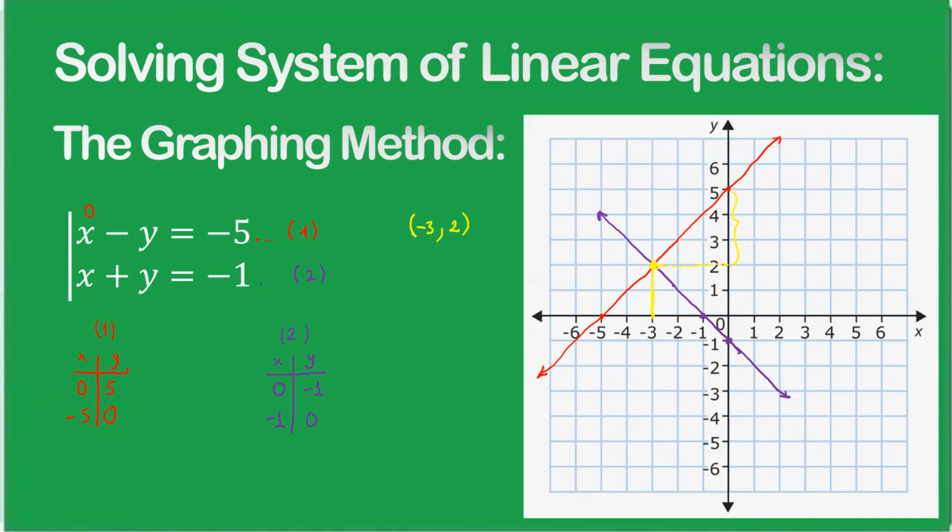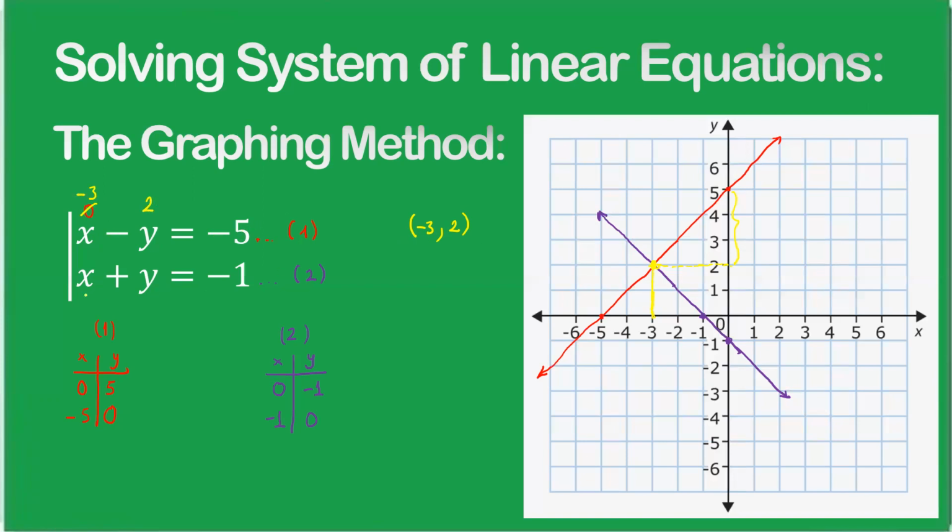Now let's check this solution. Is it true or not? It must satisfy both equations. If I write minus 3 instead of x and 2 instead of y, it must be minus 5. Minus 3 minus 2 is minus 5.